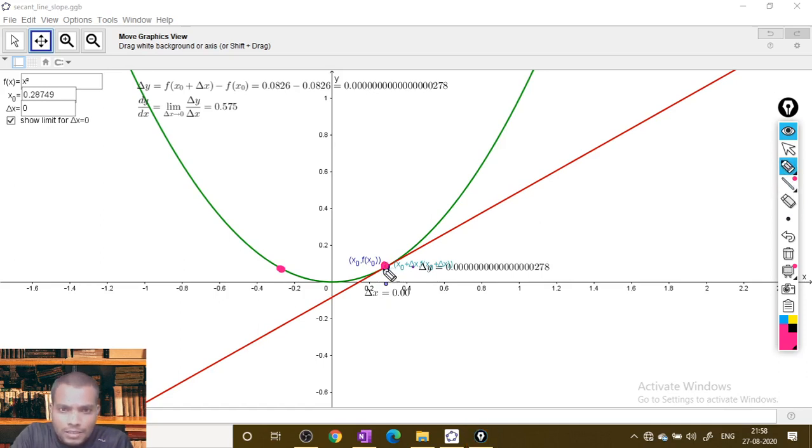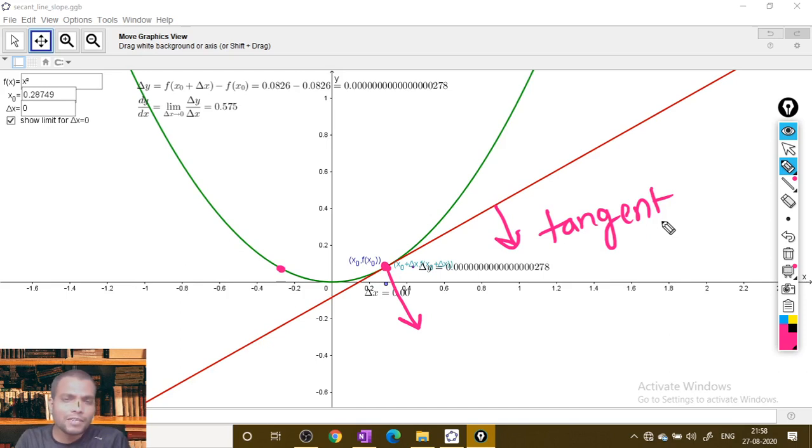It touches the curve at only 1 point, and what this line is called? It's nothing but a tangent. A line which touches a curve or a circle at a single point is a tangent.